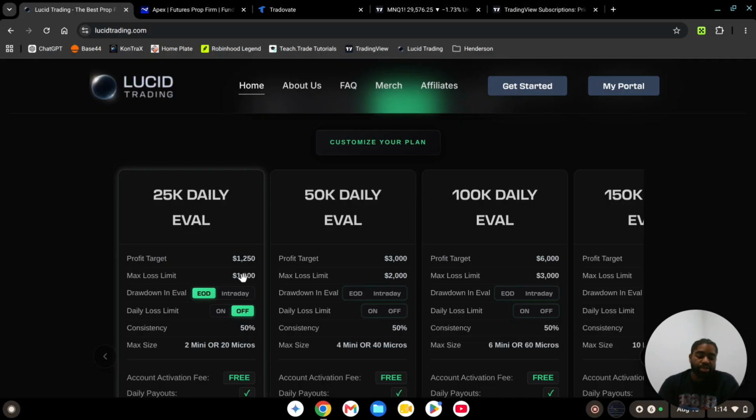So instead of being at 25.5, say you go down to 24.7, then you're fine. Your end of day is still going to be the same, 24,000, because it only calculates at the end of the day, not as you're going throughout the day. So personally, I prefer end of day, but it really just depends on how you choose to go about it.